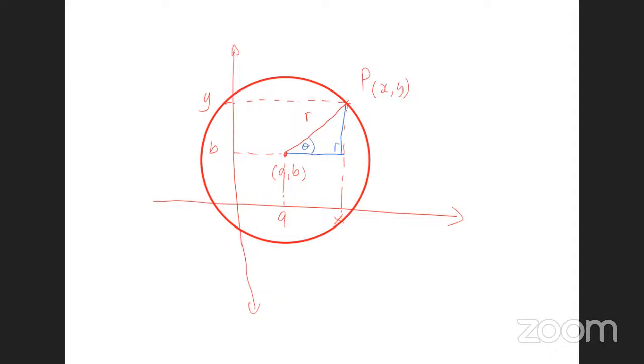What is this opposite length here? y minus b. Very good. This whole thing is y, this little piece is b. So this piece here is y minus b. That's okay? Your chance to shine here. What's this length underneath there? The adjacent length.